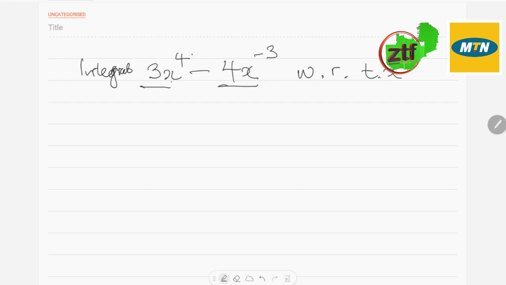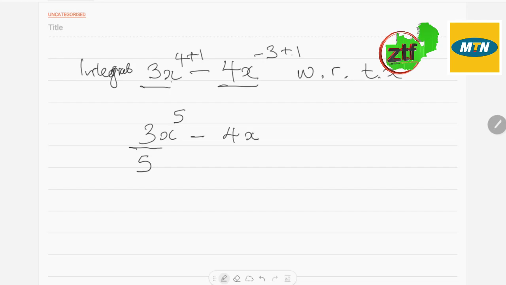So the power we shall increase here, and also the power shall increase there, by 1. We are going to have 3x to the power 5, but then the base, this 3, should be divided by the new power, which is 5, then minus 4x.